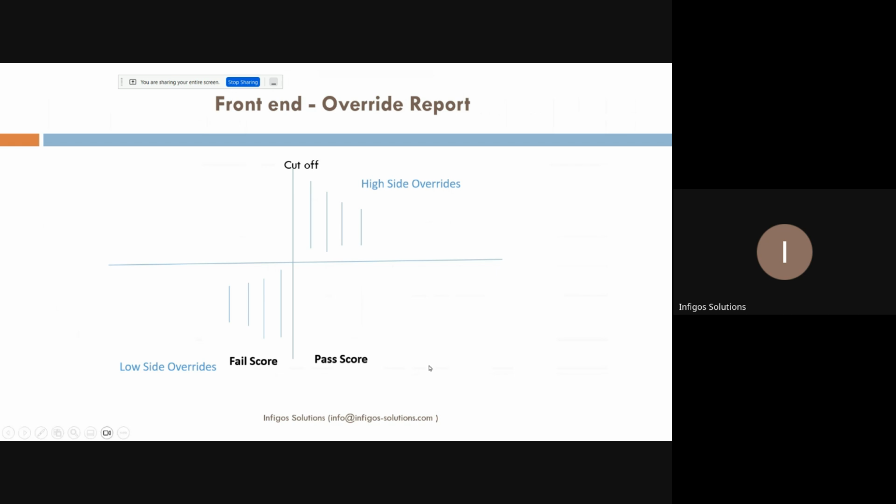So there are two kinds of override: lower side override, higher side override. In the lower side override, you approve a low score, fail score. In the higher side override, you reject a higher score because of policy rule.